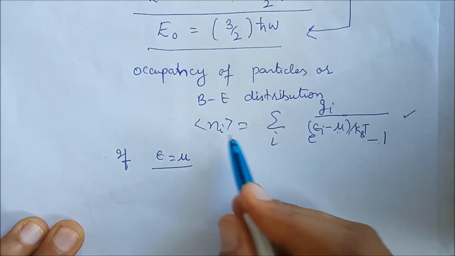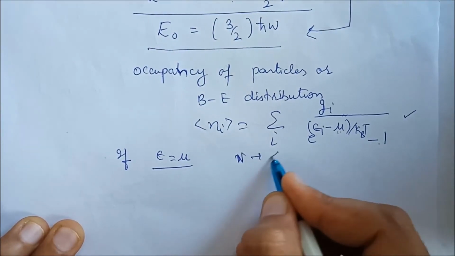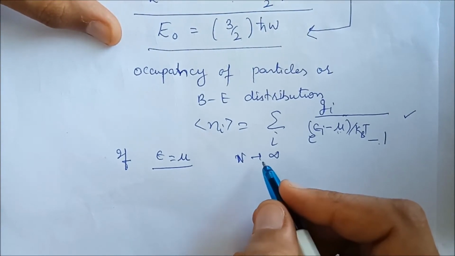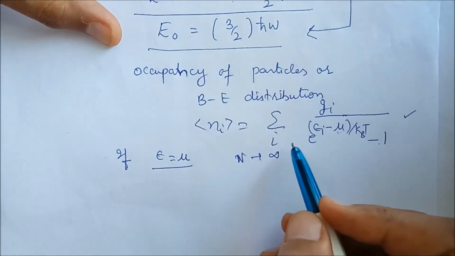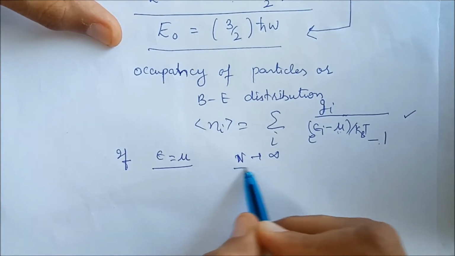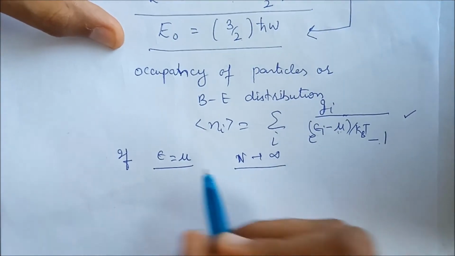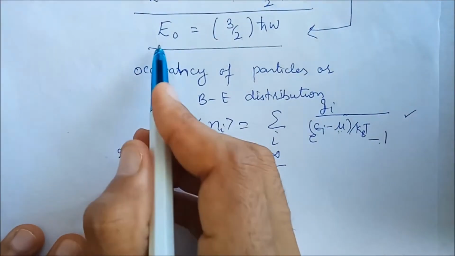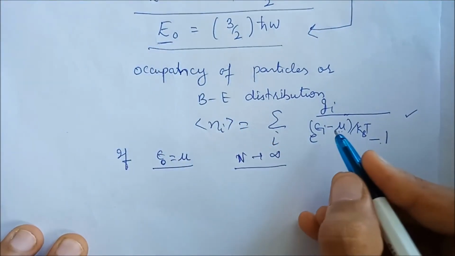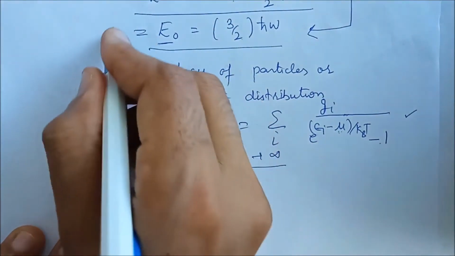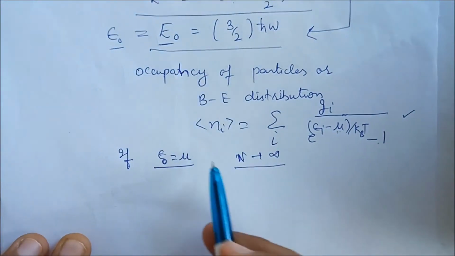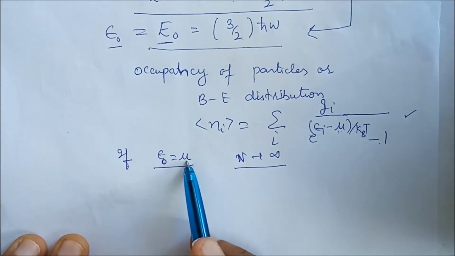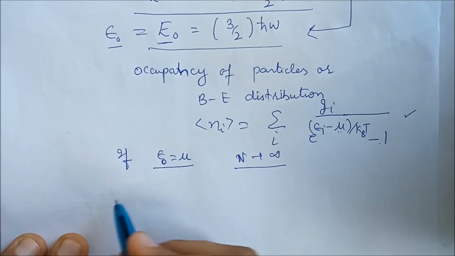So in that case N goes to infinity, which is Bose-Einstein condensation, because at lower temperatures all the particles occupy the ground state. So epsilon 0, which is the ground state energy, which we are writing here as E, is the same; you can write E or epsilon. So this is equal to mu. So one possibility is mu is equal to the ground state energy.